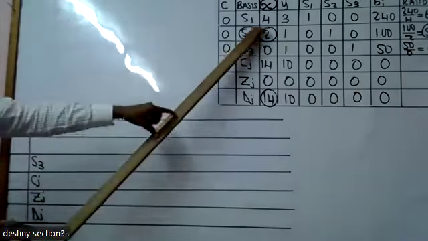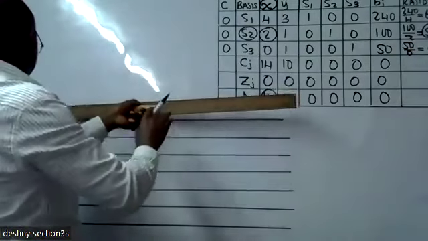This one is DJ. Let me start down here so that I get enough space. ZJ, CJ. So this would be S3. Now this S2 will be replaced by X. So this will be X, and this is S1.